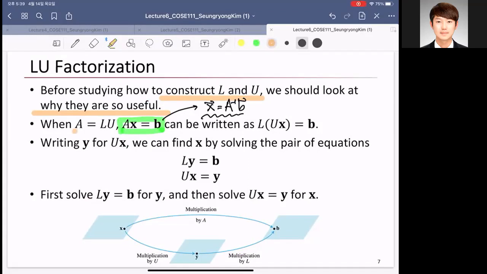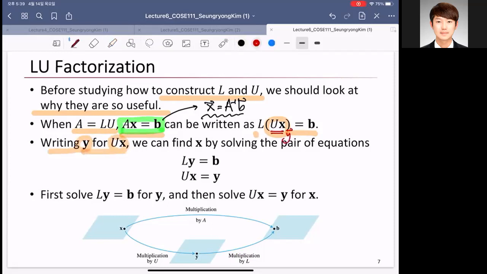If we know A equals L times U, Ax equals b can be written as L times Ux equals b.